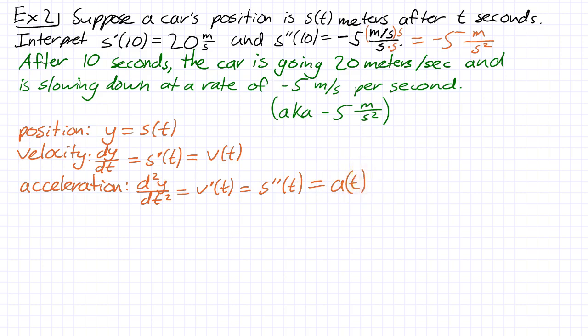That's the acceleration function. These are all different notations for saying the same thing. Hope it doesn't get too confusing, but if you understand what the symbols mean, it hopefully makes some sense. And let's look at, I think, one more example and then a couple practice problems.